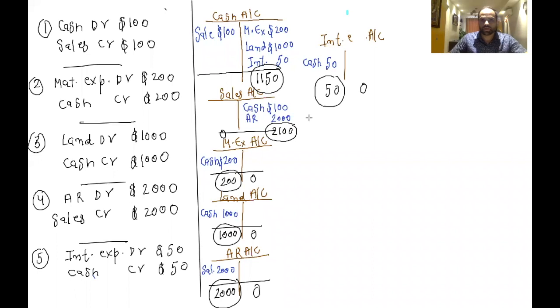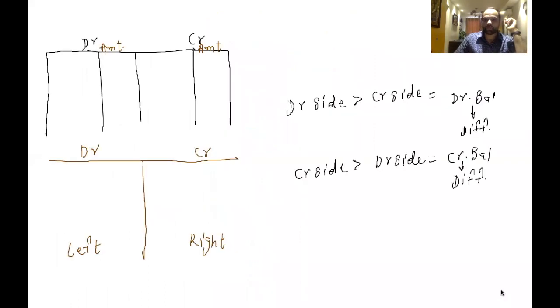Step 3 is... so your step 4 is a trial balance. And what is the purpose of trial balance?